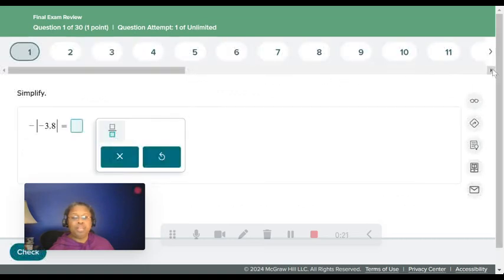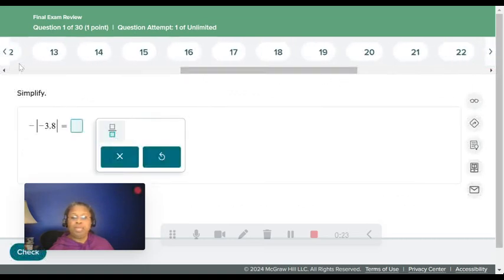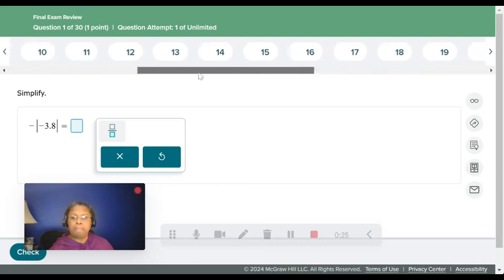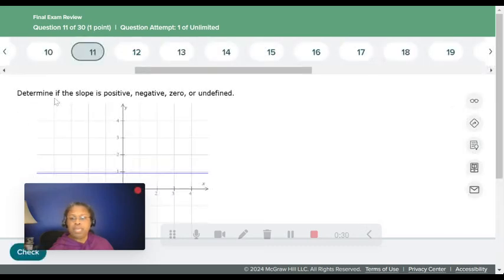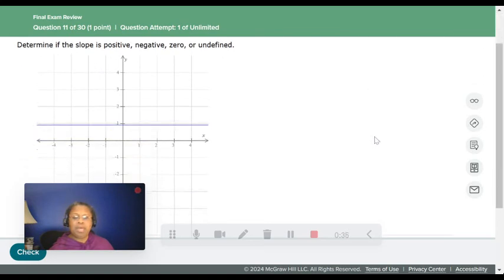So we are starting at problem number 11. Determine if the slope is positive, negative, 0, or undefined. What you should have in your notes regarding this kind of line is that the slope is equal to 0.